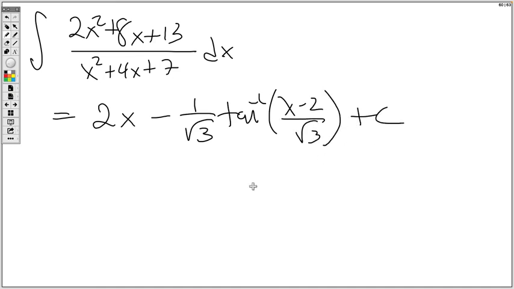There it is. You check your answer taking the derivative, reversing the algebra. You can check your answer on Desmos. But there it is. That's partial fractions.